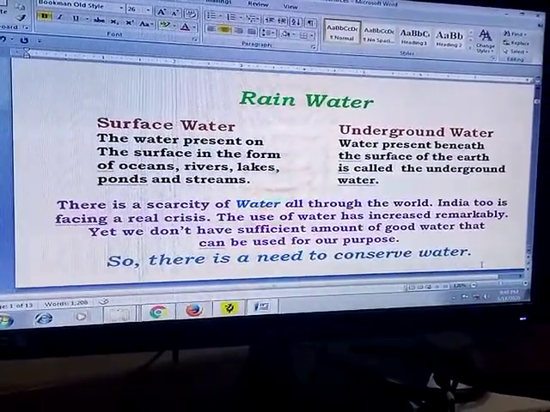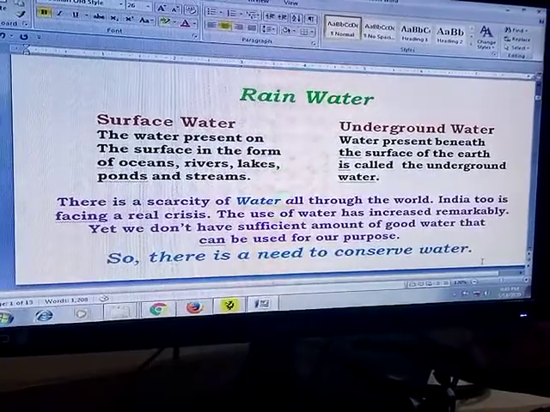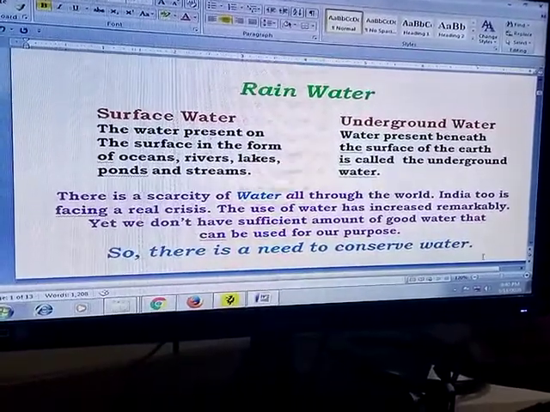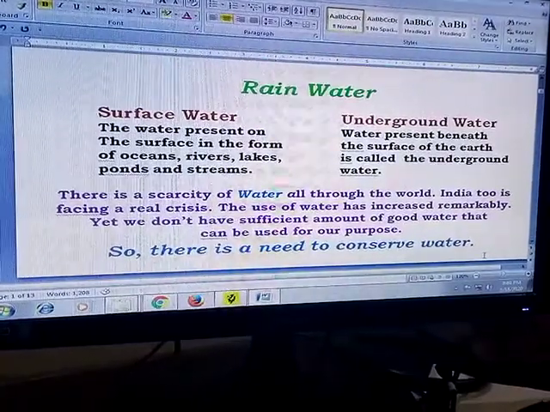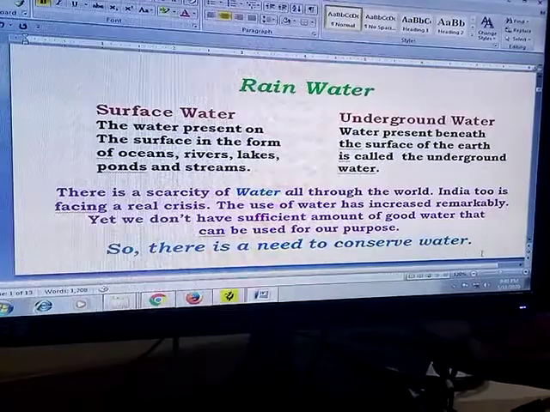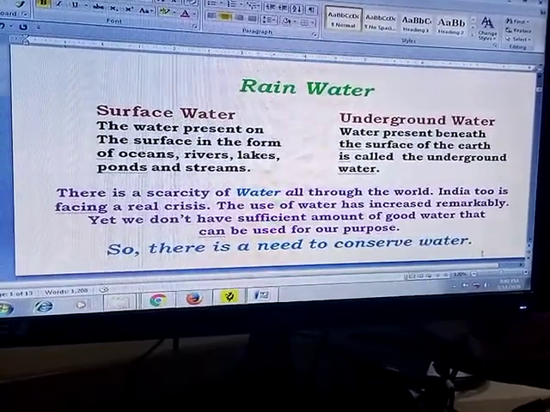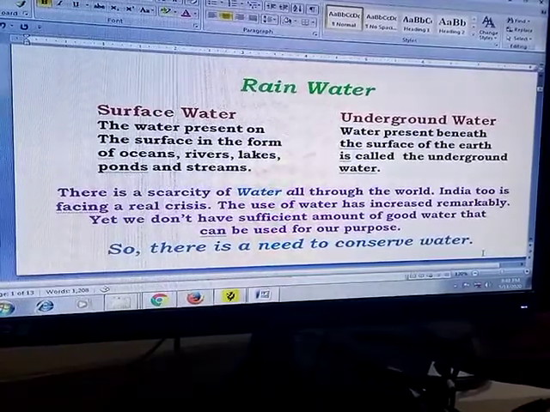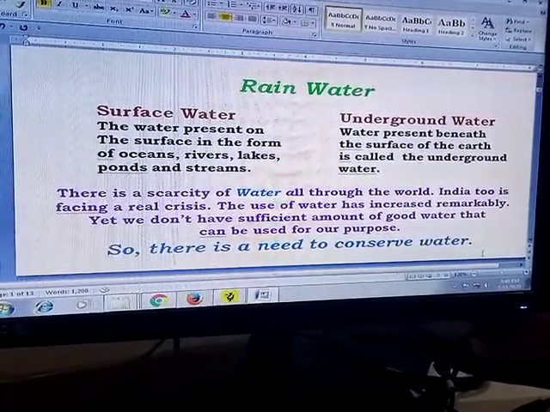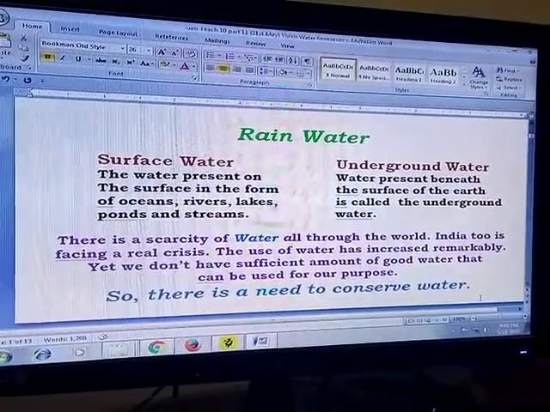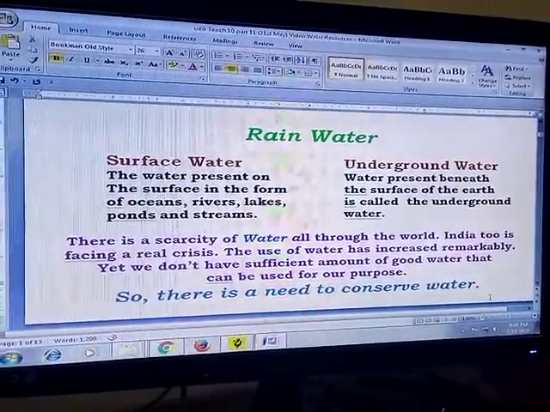Now this water is being used, rather sometimes abused, so much that there is a scarcity of water all through the world. India too is facing a real crisis. The use of water has increased remarkably, and yet we don't have sufficient amount of good water that can be used for our purpose.